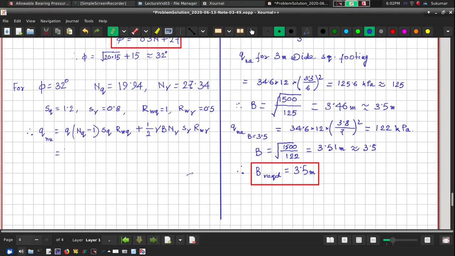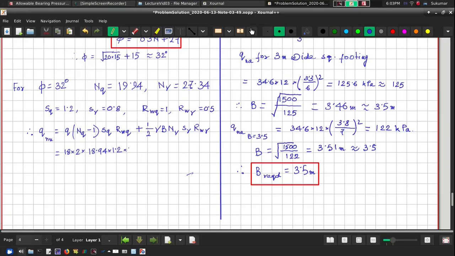So 18 into the depth of foundation was 2 meter, so 18 into 2 into again 18.94 into 1.2 SQ.